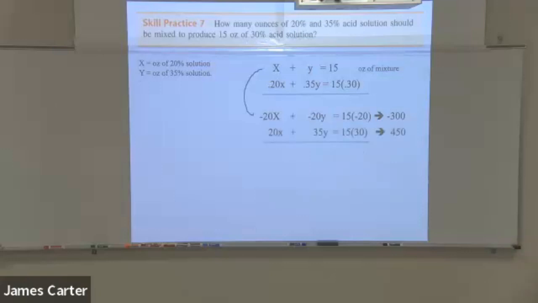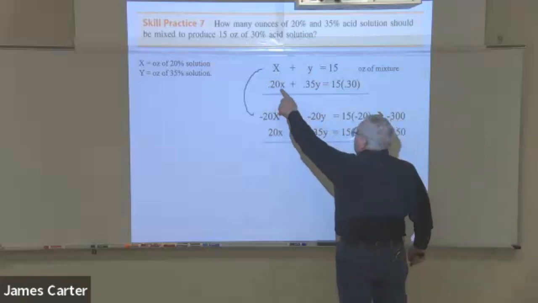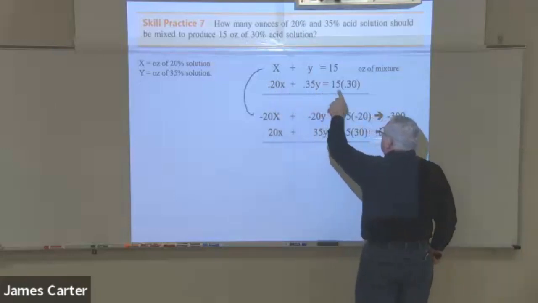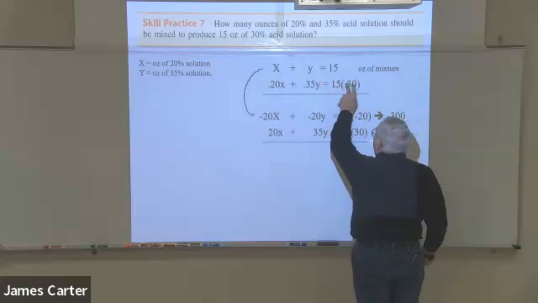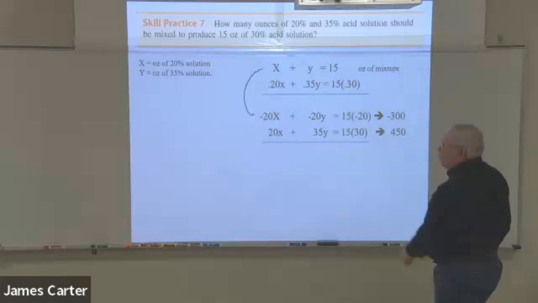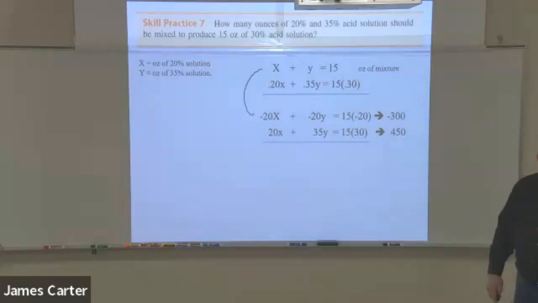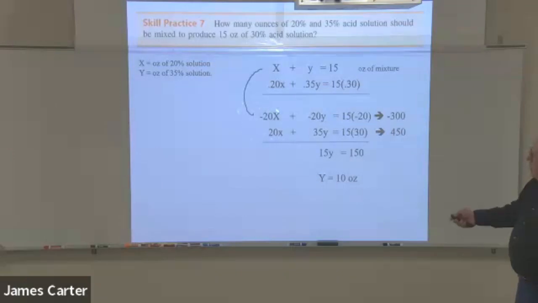Whoops, went too fast. So I multiplied this one by 100, moved it over 2, moved it over 2, moved this over 2, and 15 times 30 is 450. I've got an opposite pair here, so those two go away.